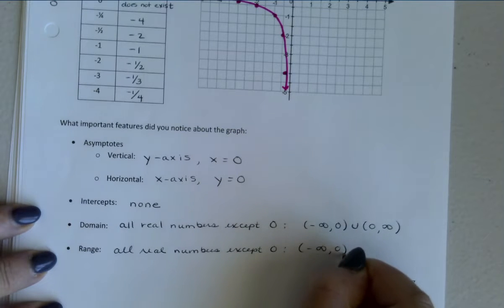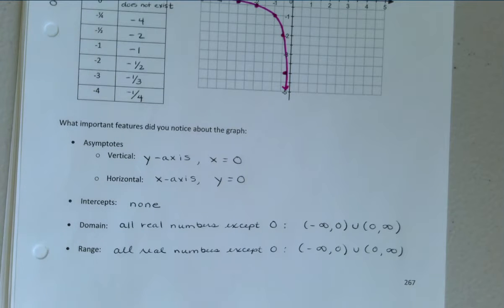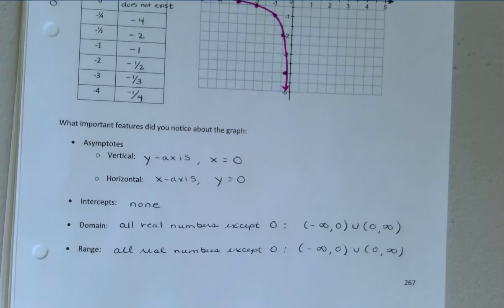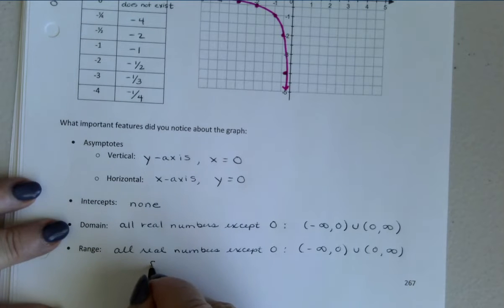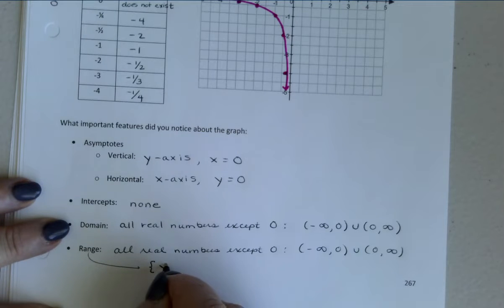Or I could write that again in interval notation. By the way, instead of writing out all real numbers except 0, you'll often see it written this way. In this case, it's a range, so we're looking at y values. Y is a real number, that's just sort of shorthand.